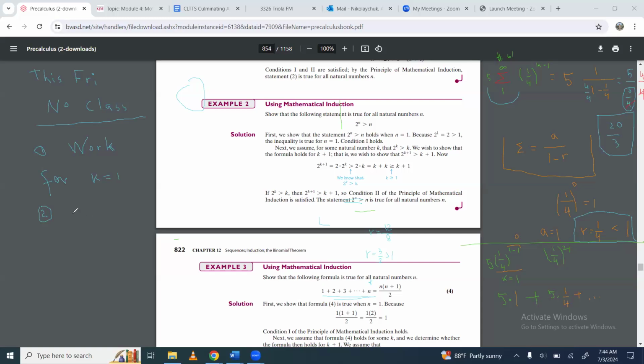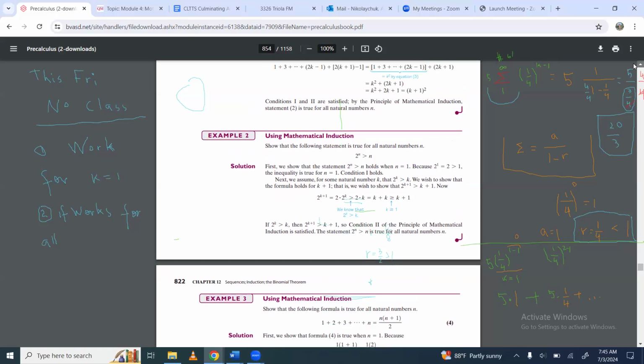The second condition is different. If it works for everything before, it works for all less than k. They put this with a special type of inequality.